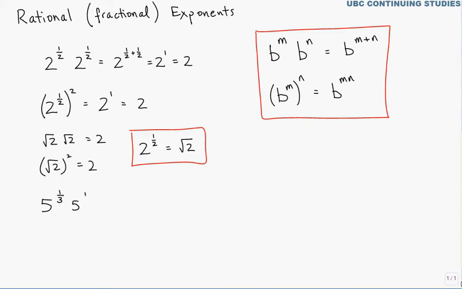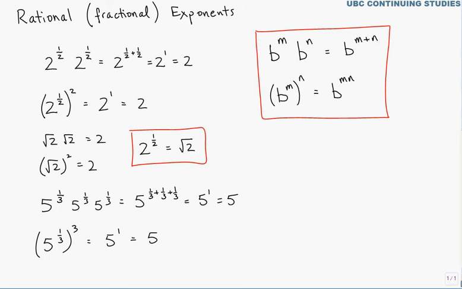I can either multiply 5 to the power of 1/3 by 5 to the power of 1/3 by 5 to the power of 1/3, or I can think of taking 5 to the power of 1/3 and cubing it, and following those laws of exponents I've got written in the upper right hand corner, I end up with, in the first case, a third plus a third plus a third, which is just 1, or a third times 3, which is 1. Either case I end up with 5.